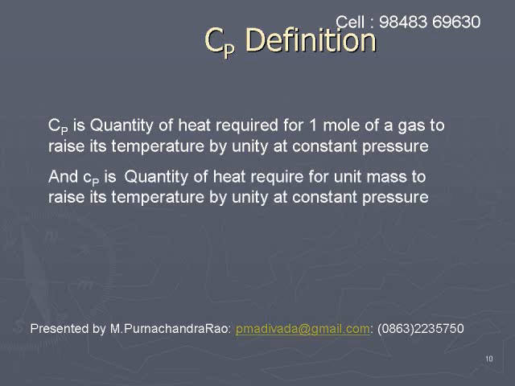This will be represented by capital Cp. And small cp is defined as the quantity of heat required for unit mass to raise its temperature by unity at constant pressure.